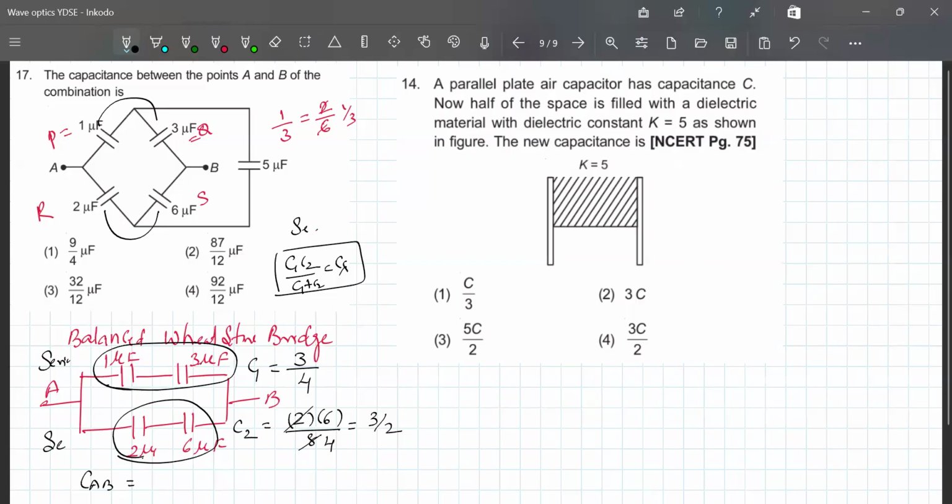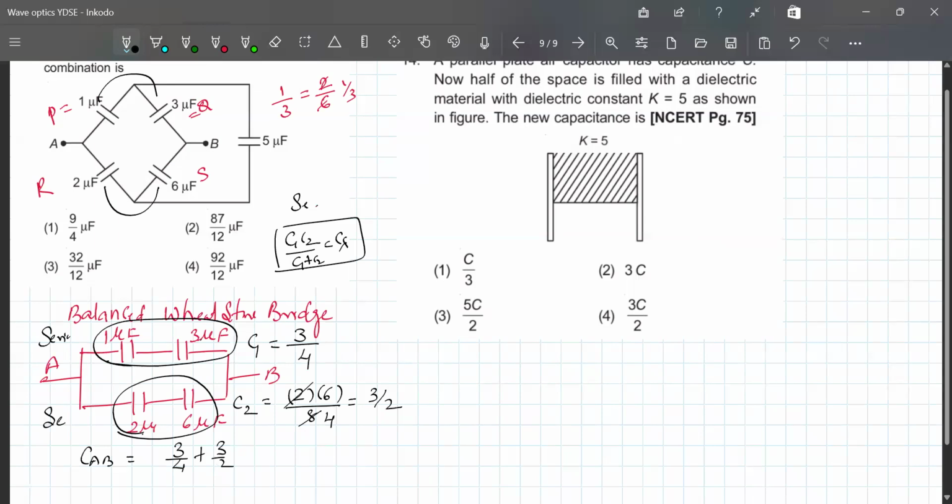Then we can add 3 by 4 plus 3 by 2. So the LCM is 4 here. This is 3, but this is 6. So the answer is 9 by 4 microfarad. So option 1 is the correct answer.